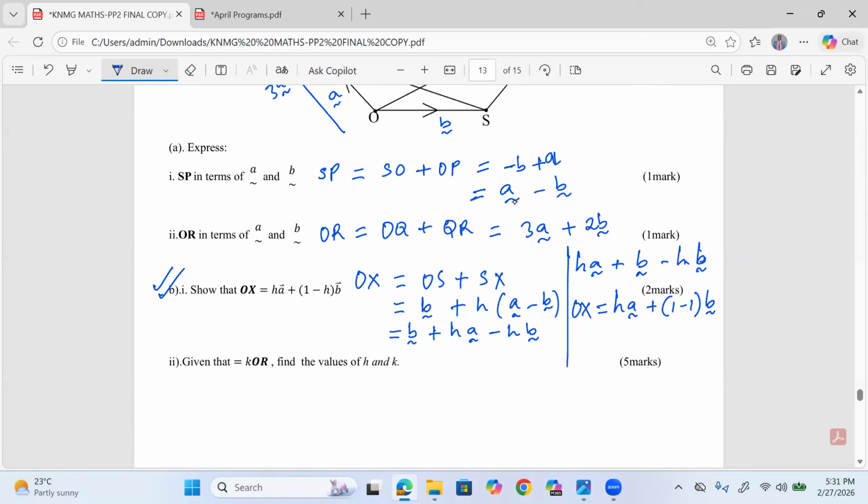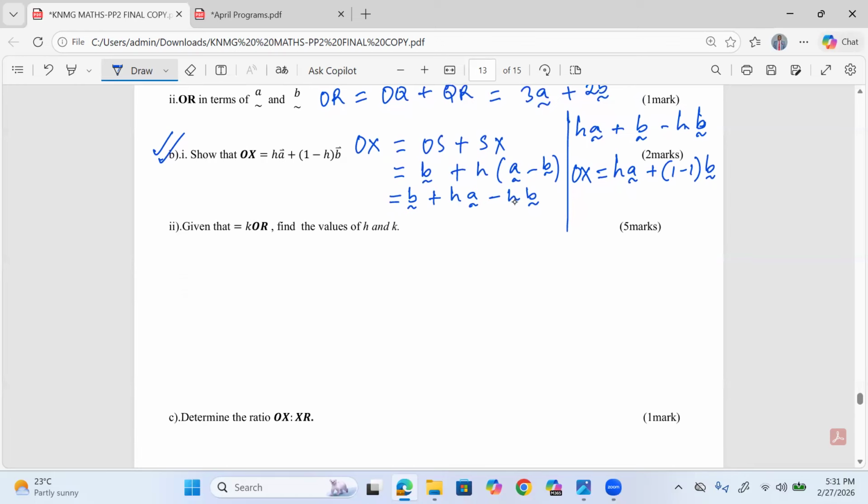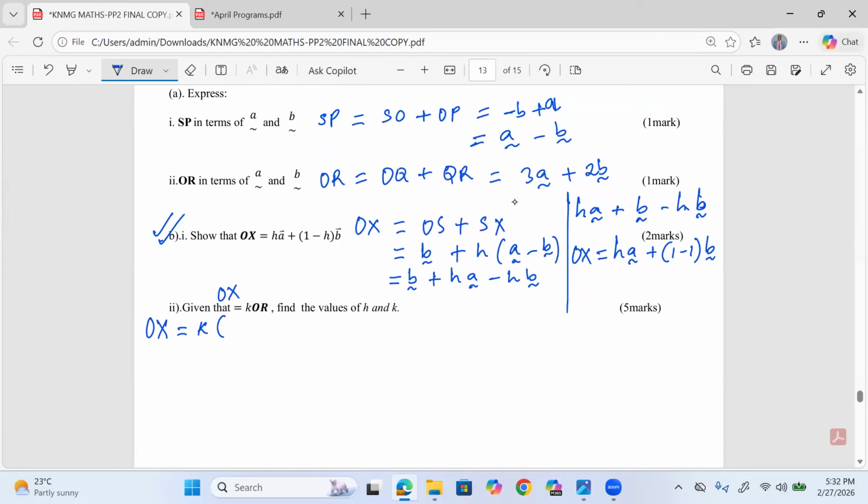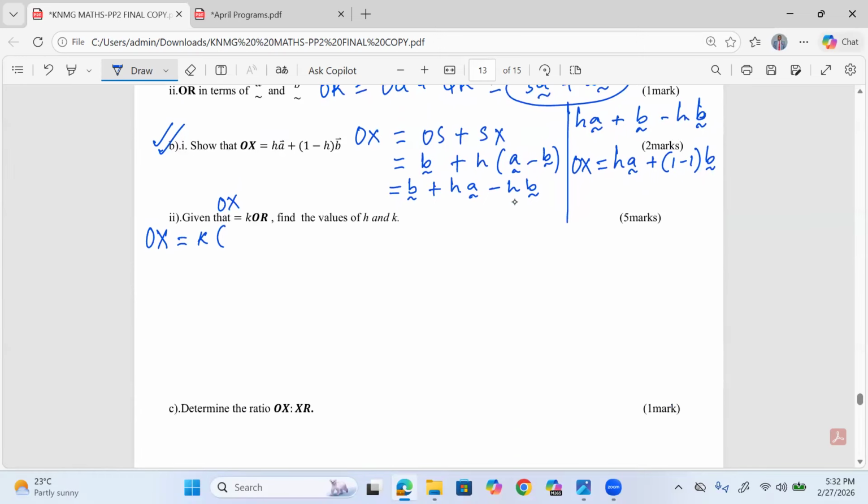Very unique setting. Look at part 2 of the same. Given that OX, sorry for that typing error, equals K times the vector OR, find the values of H and K. So vector OX again equals K multiplied by vector OR. Where is OR? We've already worked out OR. It's here, 3A plus 2B.